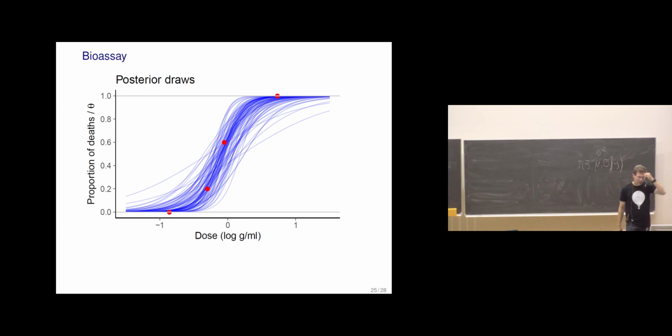So we can have these posterior draws, but we are now interested in LD50. So what is the dosage that kills about half? We can look at where these blue lines cross the proportion half. There's a gray dashed line at half, and then blue dots where these different fits cross half.